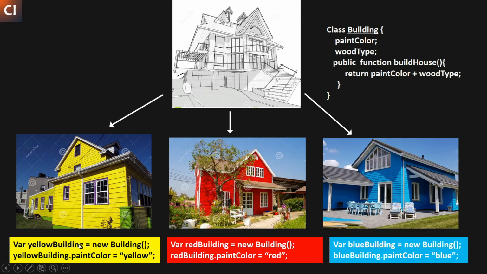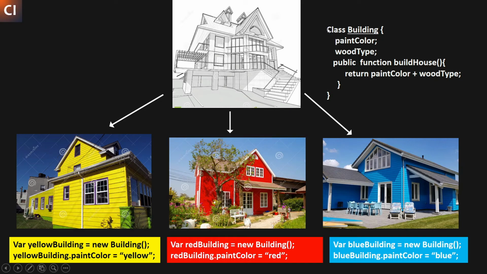So we said yellow building is a new building, and this time the paint color is yellow. For the red building, the paint color is red. For the blue building, the paint color is blue. For all of them, we are using the same construct. We are not writing whole new building construction code. So this is one of the core concepts of object-oriented programming.